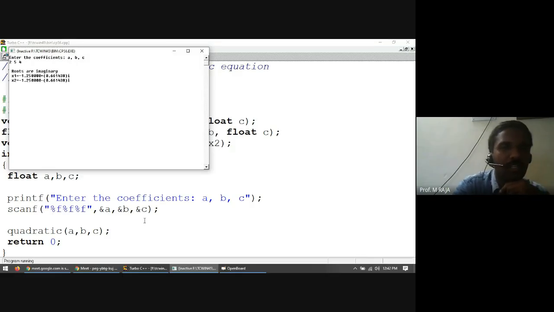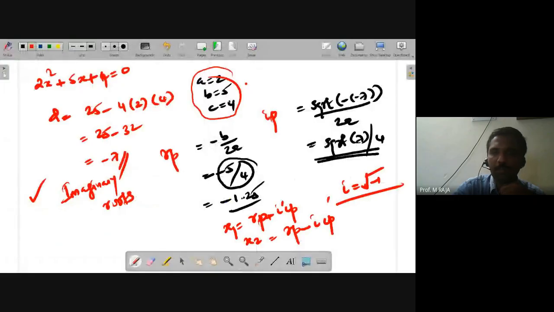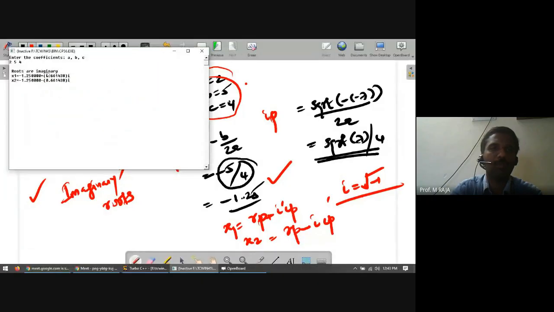Roots are imaginary. Yes, after this computation, we have x1 is equal to minus 1.25, because the real part is minus 1.25, that is printed here, plus imaginary part. Imaginary part is actually square root of 7 by 4, which is evaluated and the result is printed here, 0.66.